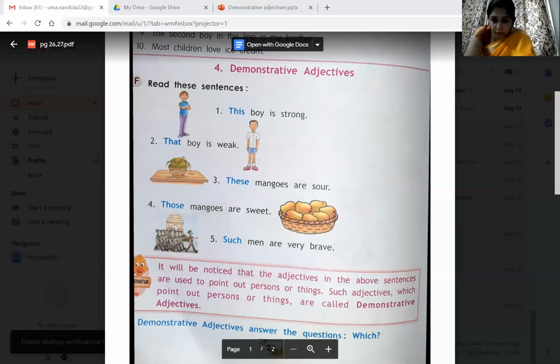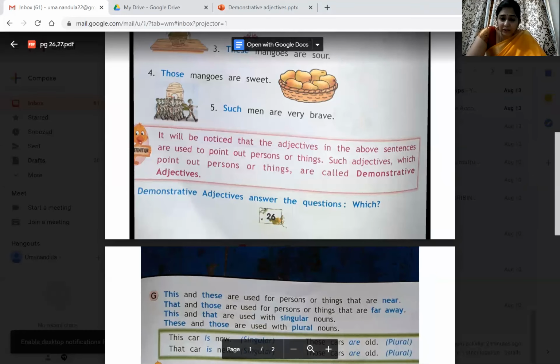I already explained you about this. So demonstrative adjectives answer the question which. That is what we have studied. Those mangoes are sweet. Which mangoes are sweet? Those. Such men are very brave. Which men? Such men. So here, such will be demonstrative adjective.